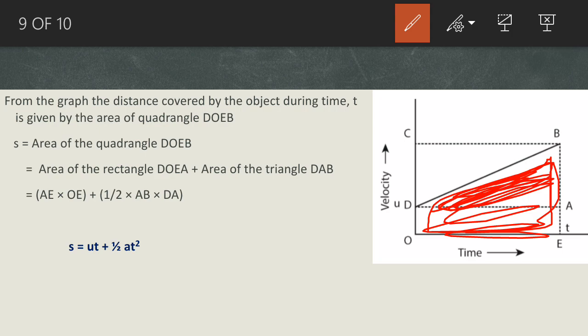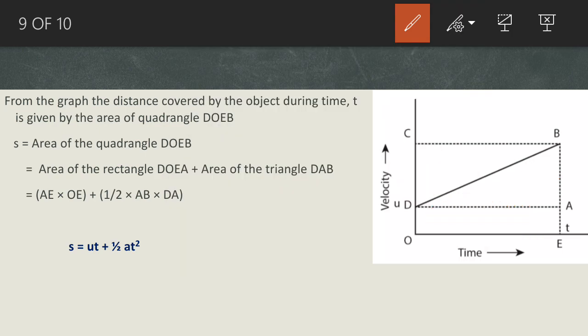If you can see, this figure can be divided into two figures. One is a rectangle DOEA, another one is a triangle DAB.